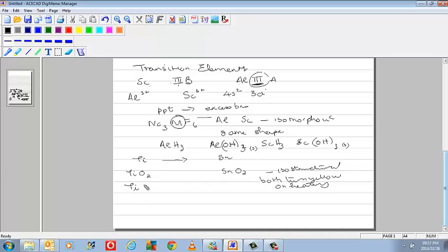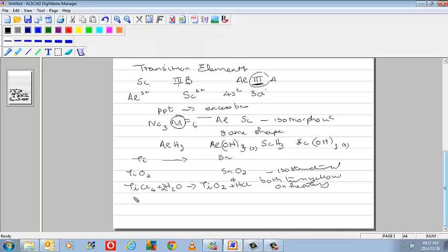Let's have a look. Titanium 4 chloride. Hydrolysis means it reacts with water and it will then form the titanium 4 oxide and HCl. Not necessarily balanced there, but that is what happens.